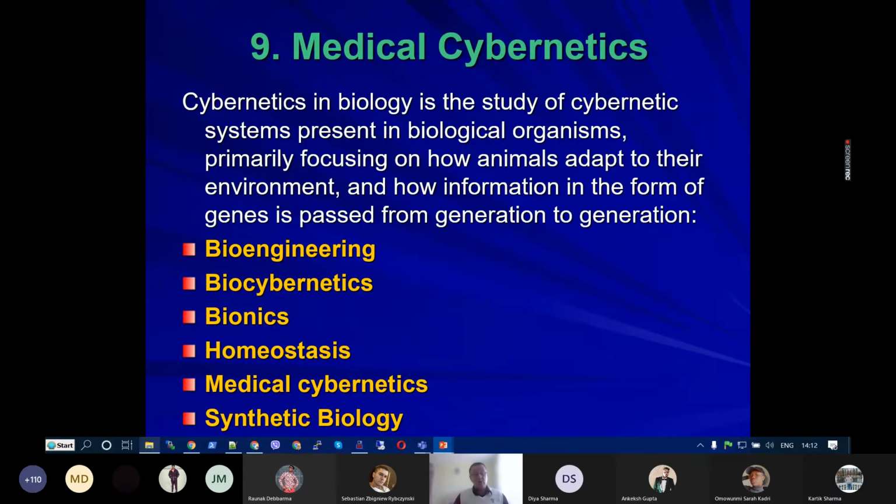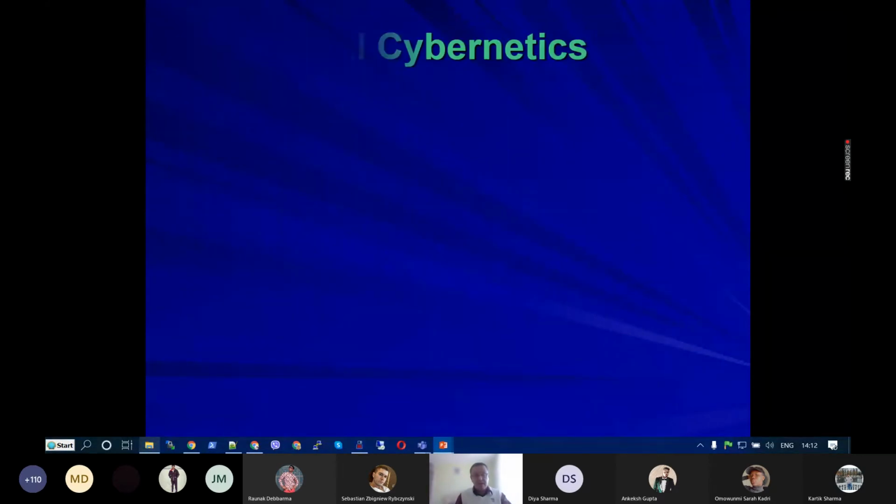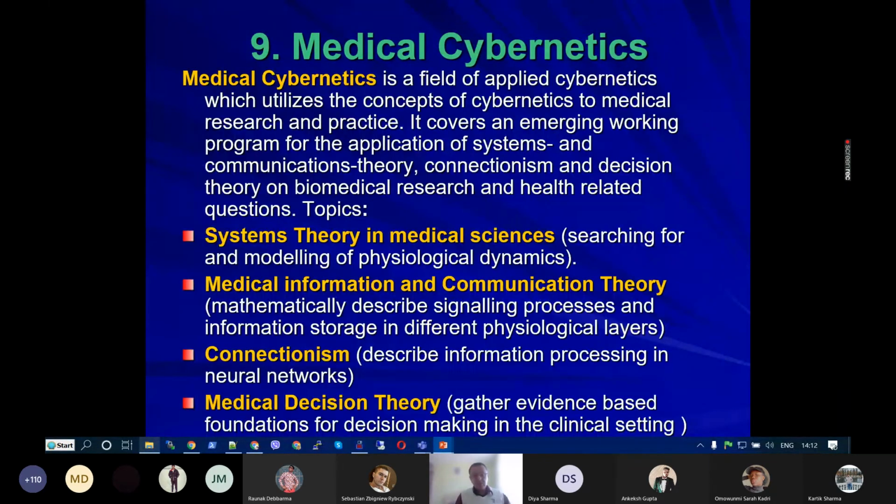So even if we talk about medical cybernetics, we have to understand that it's not a single thing. It's already a combination of multiple areas. So finally, we can come to a definition of medical cybernetics as one of the fields among other cybernetical areas of activity.